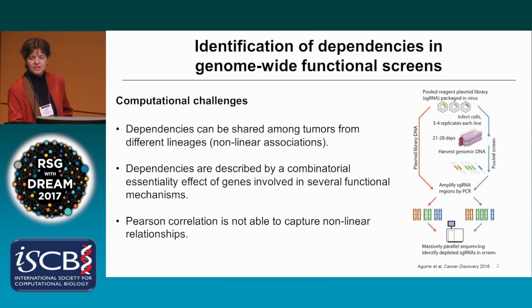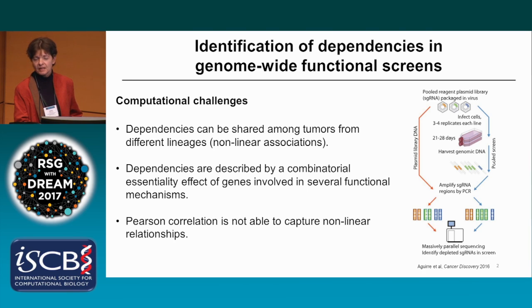So the main question addressed in our study is how to identify dependencies in genome-wide functional screens. And as we all know, genome-wide functional screens offer the opportunity to identify druggable candidate targets.